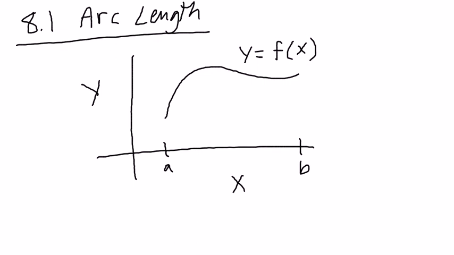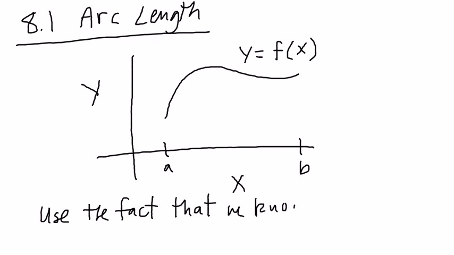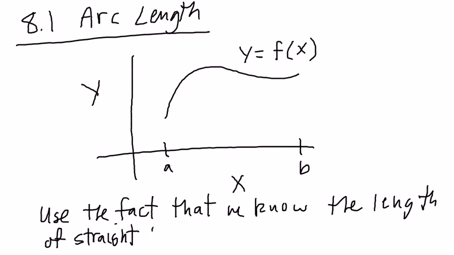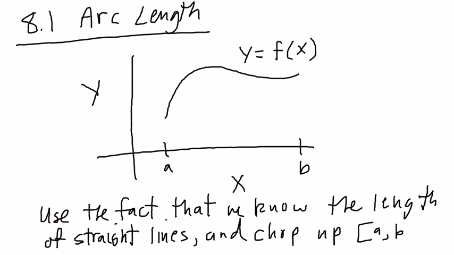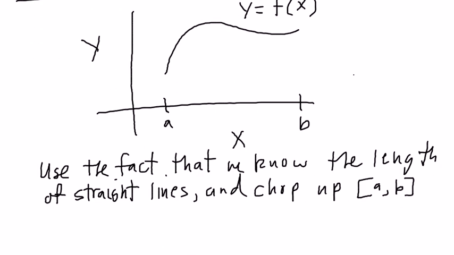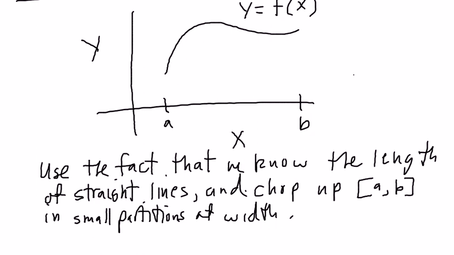We're going to use the fact that we know the length of straight lines, and chop up the interval AB into small partitions of width delta x.